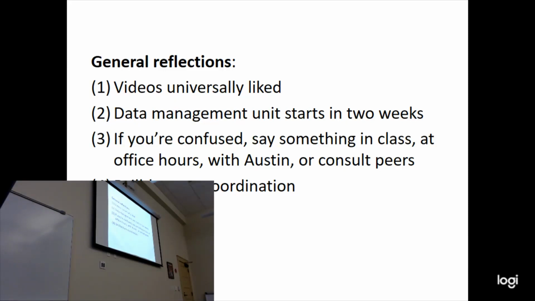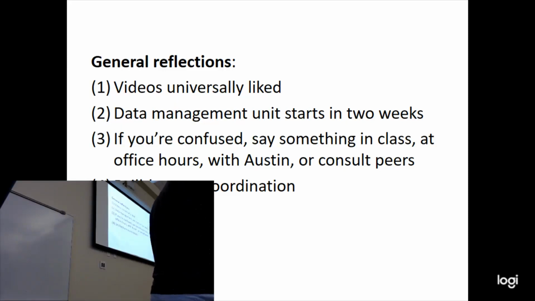I can scan faces and look for confused faces, but I can only know what I get information about. That's one of the reasons that these evaluations are so useful. So if that's been your experience, that you're confused about stuff, I really want to know that so that I can try to address that confusion. And if that involves seeing me one-on-one, or you staying on, or whatever it is that you want to do, you should go do that. I want you to do that.